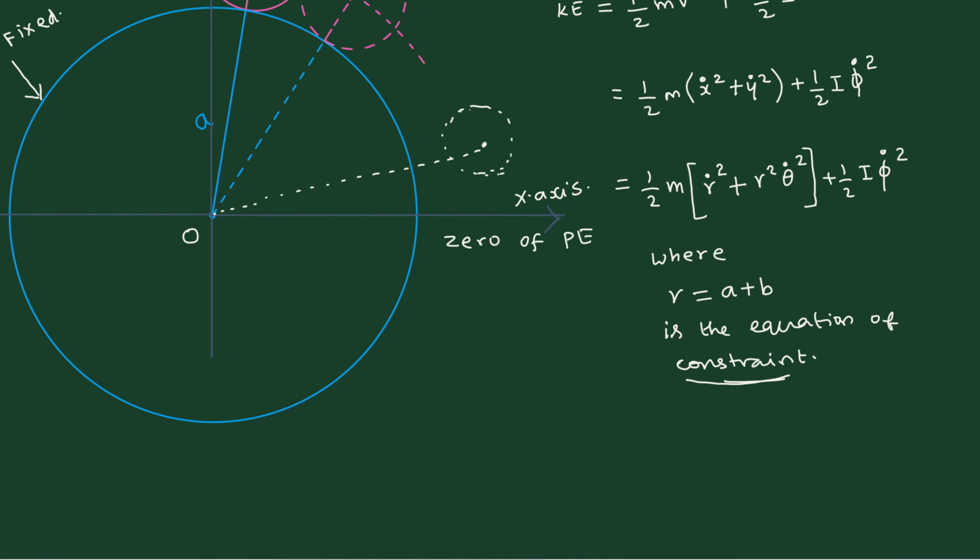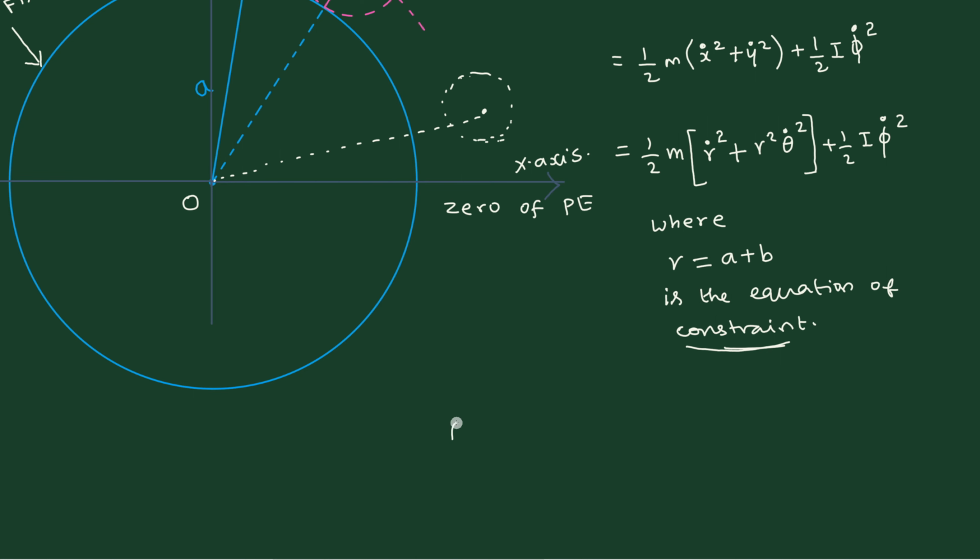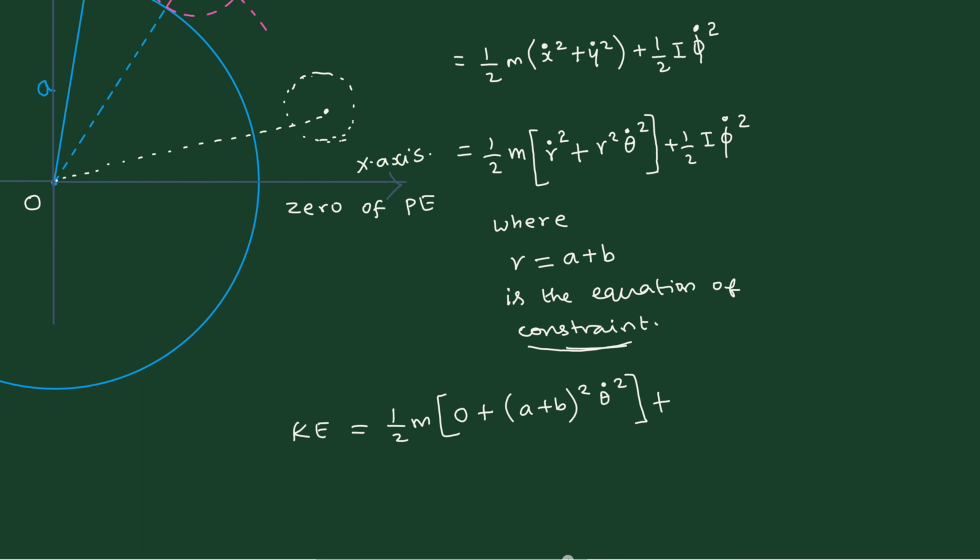So under this constraint, we can simplify the kinetic energy term as half m times r dot square, which is 0, plus r square, where a plus b is the total radius, whole square, into theta dot square. Then there is a plus. Let us substitute the moment of inertia of the cylinder, half into the moment of inertia, which is m a square by 2 as a standard expression.